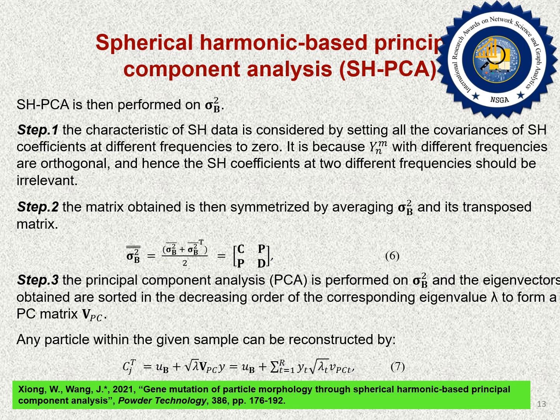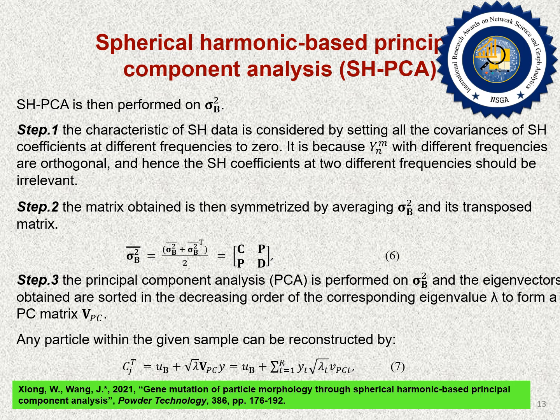Then, the spherical harmonic-based principal component analysis is performed on the variance matrix. First, we set all the covariances of SH coefficients at different frequencies to 0. Then, the obtained matrix is symmetrized by its transposed matrix.